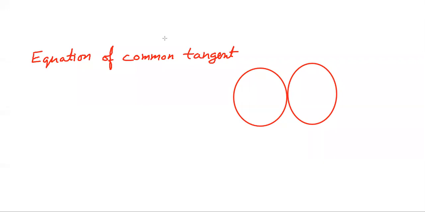We draw a line. You see, I draw a line where these two touch. This is known as the common tangent. And we have two circles S1 and S2.